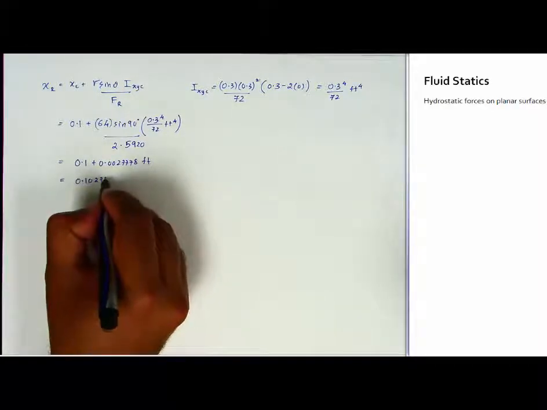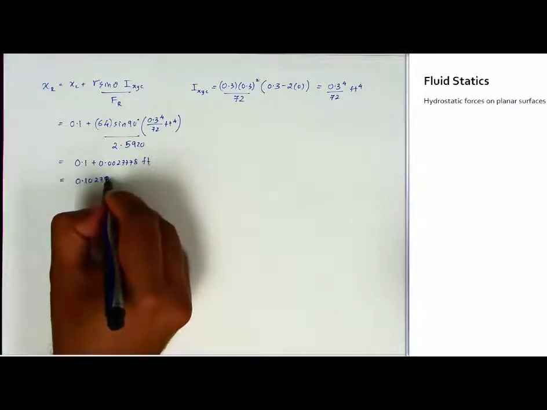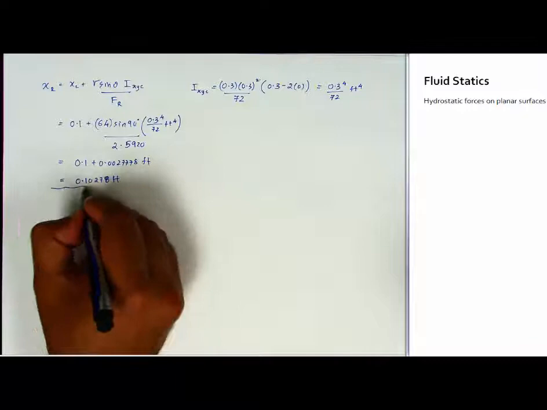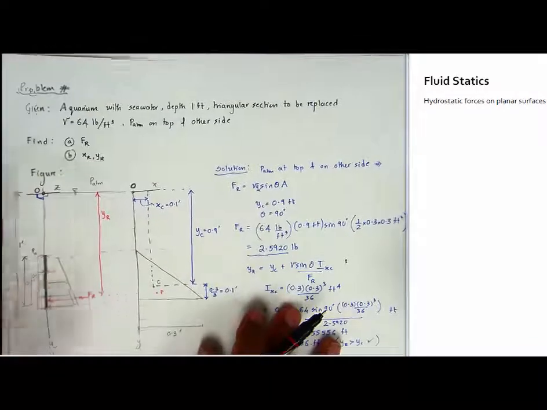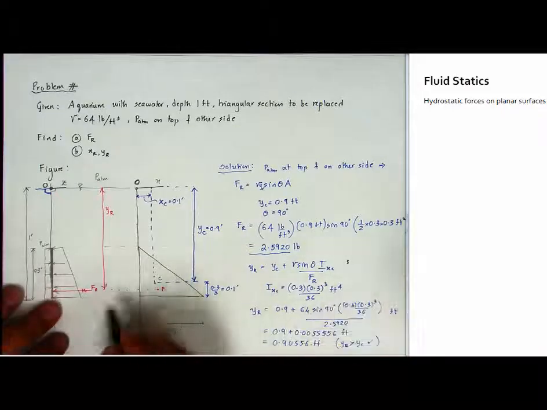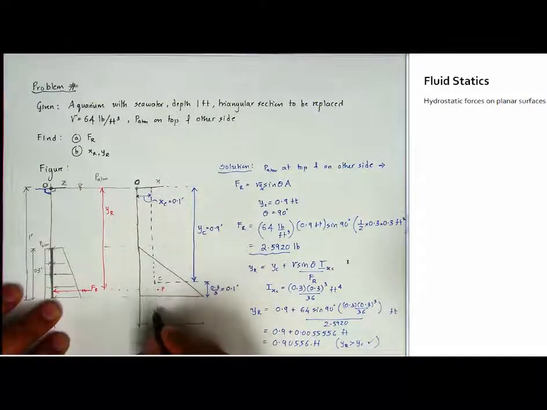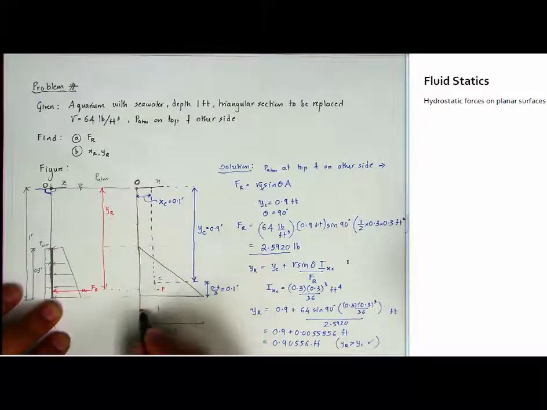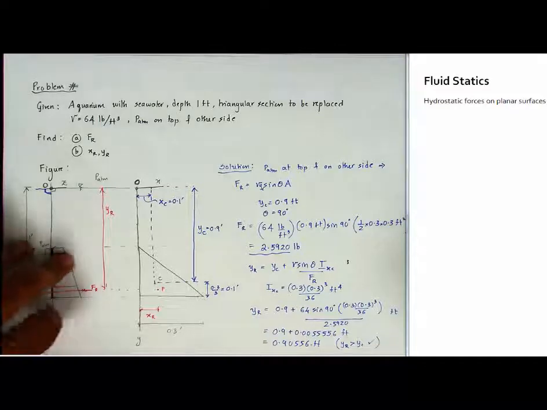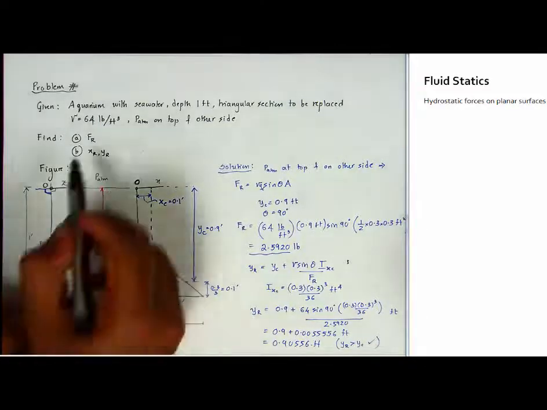Like this, it becomes 0.10278 feet. That is XR from the origin in the direction of X to the point P. So from the origin in the direction of X to the point P. That is what the question asks for.